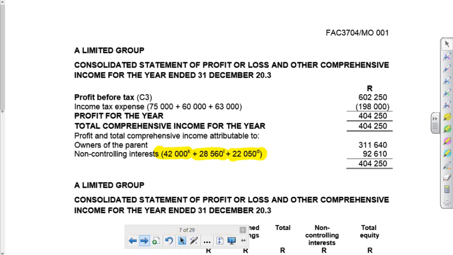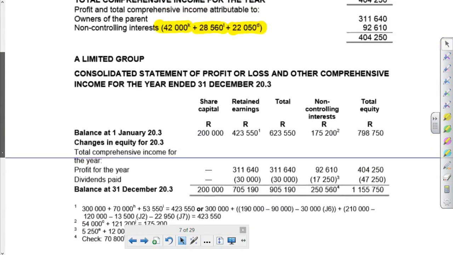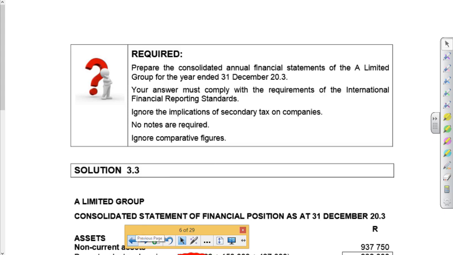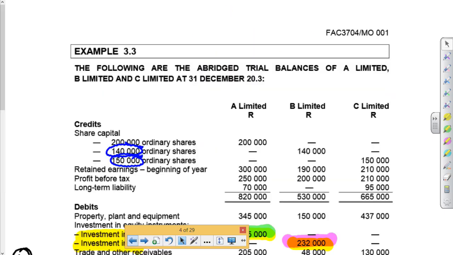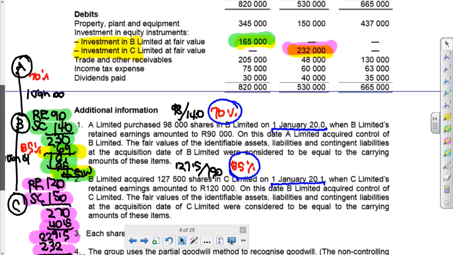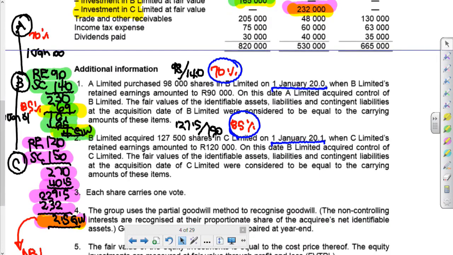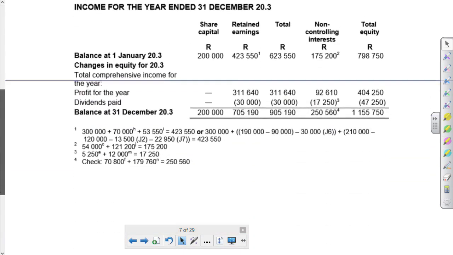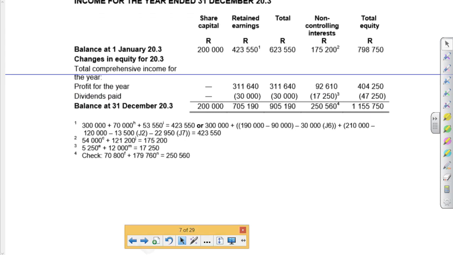Non-controlling interests is 42 plus 28,560. If I go back here. Comes off the analysis. Sorry, let me take you through to the analysis. These numbers, 42, 28,560 and 22,050, come from the analysis.